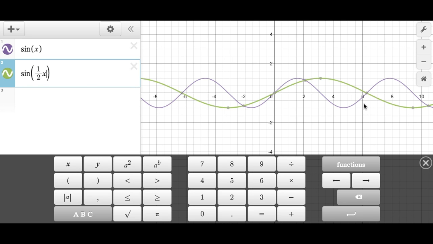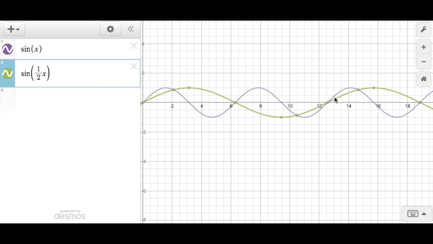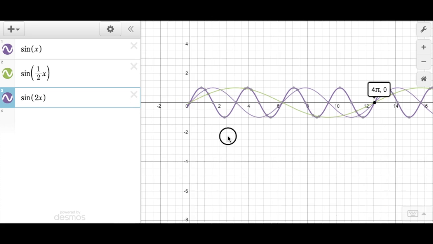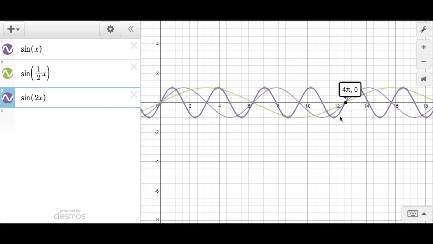The graph gets wider, where the period is 4 times greater than our previous one, which is sine 2x. The green one is the value 4 pi for sine half x, while this purple one is our sine 2x. So the period is 4 times greater than sine 2x.